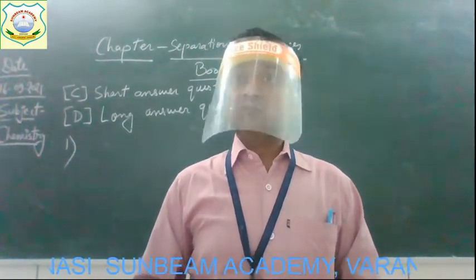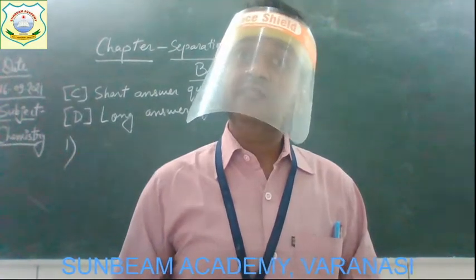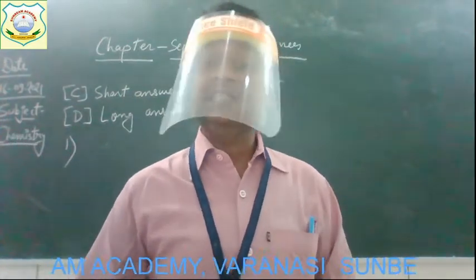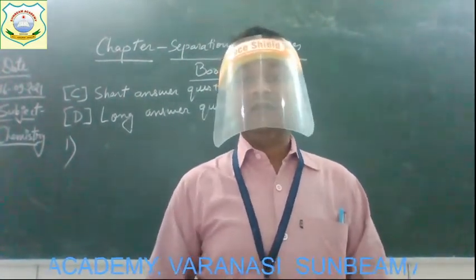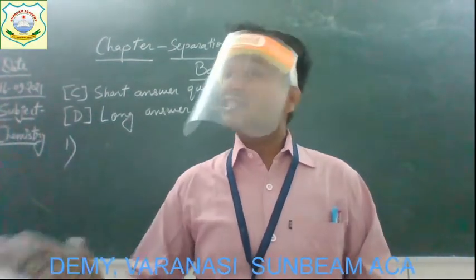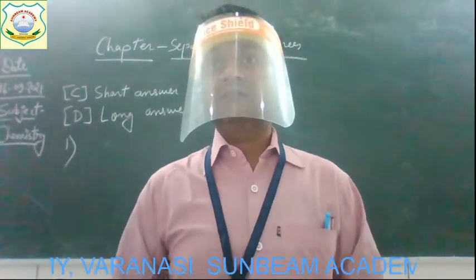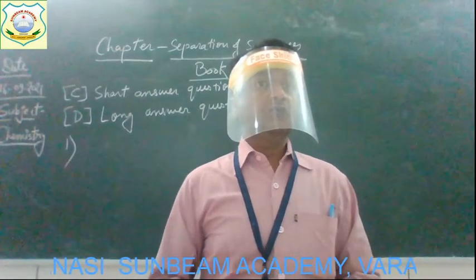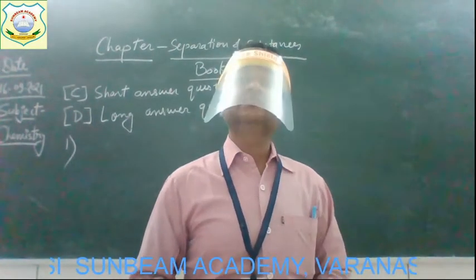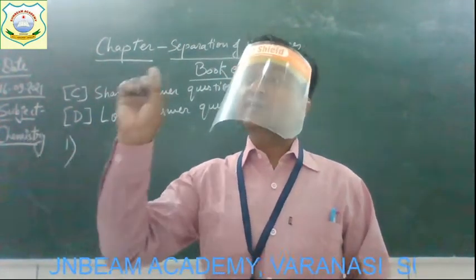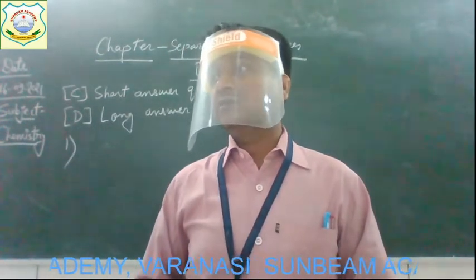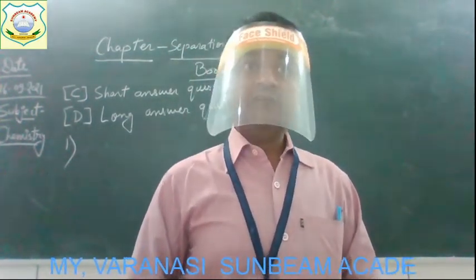Now the heterogeneous mixture is a mixture in which the constituents are not uniformly spread and each part does not have the same properties, meaning different parts have different properties. The example is a mix of iron filings in sand. When we mix small pieces of iron in sand, it will form a heterogeneous mixture. Alright, understood both of them?